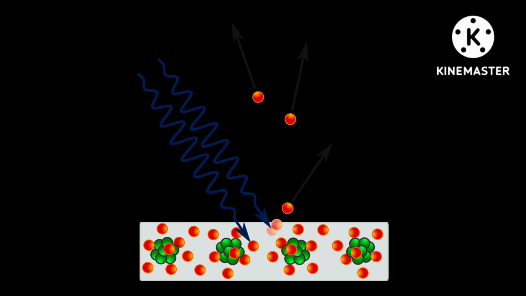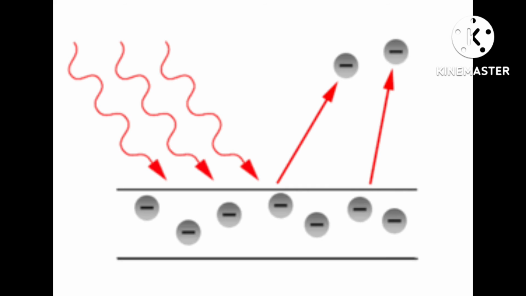Shining a beam of light on the metal surface can therefore be viewed as shooting a beam of particles. Light is also called photon, a packet of energy.